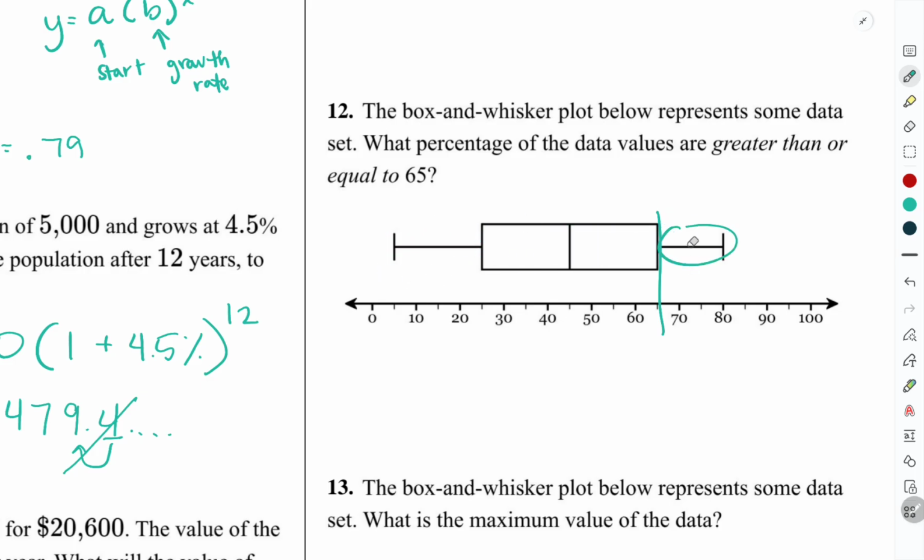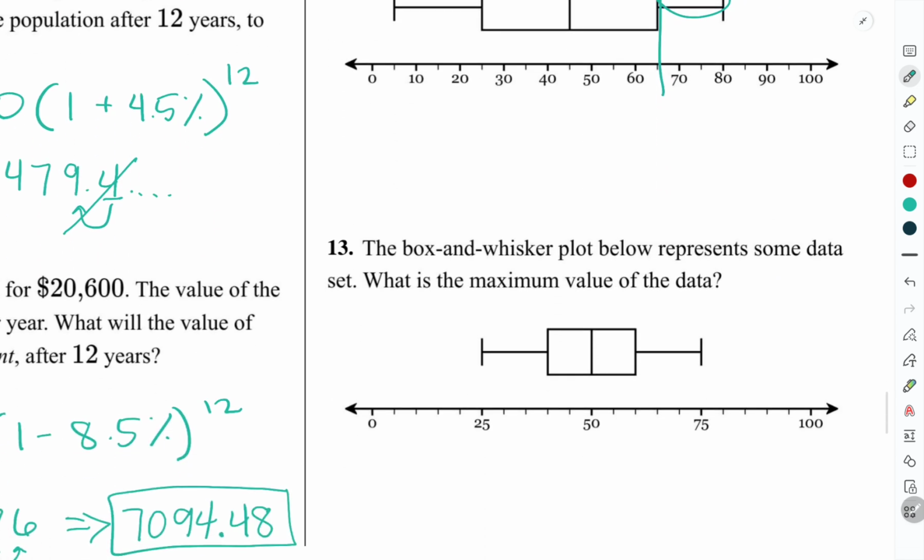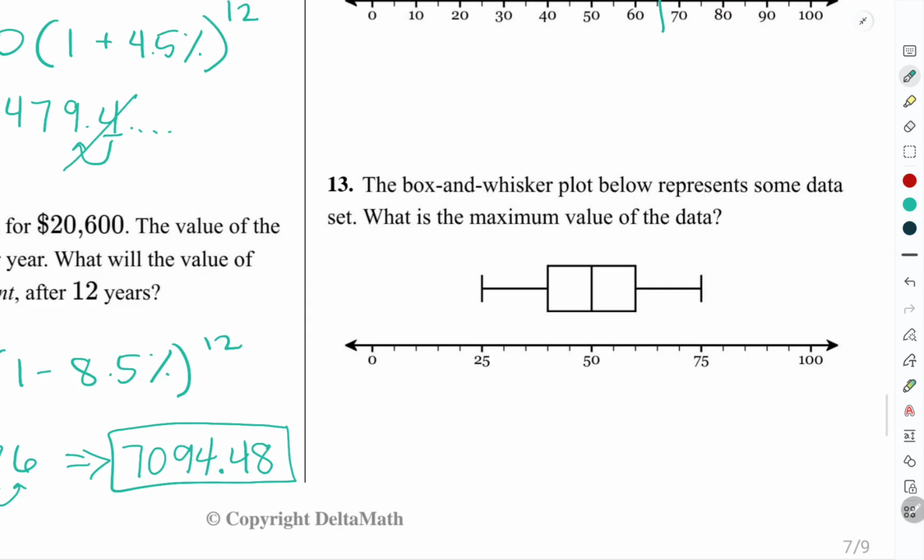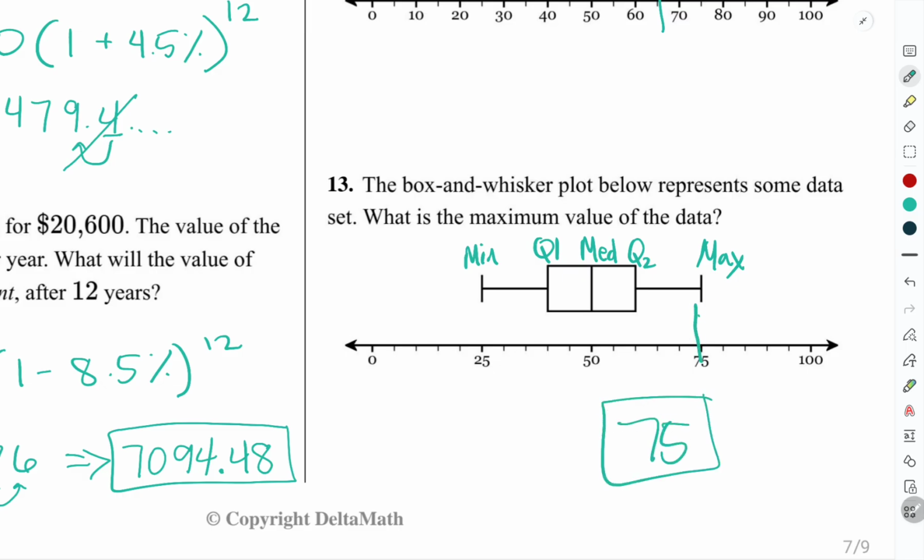So if I'm looking for everything bigger than this line, that's one piece, which is 25%. In a box and whisker plot, there's your minimum, quartile 1, your median, quartile 3, your maximum. If I want to find the maximum, it looks like it's directly on 75. Cool.